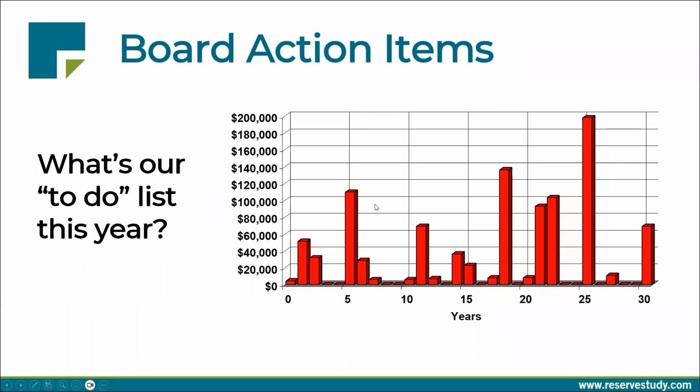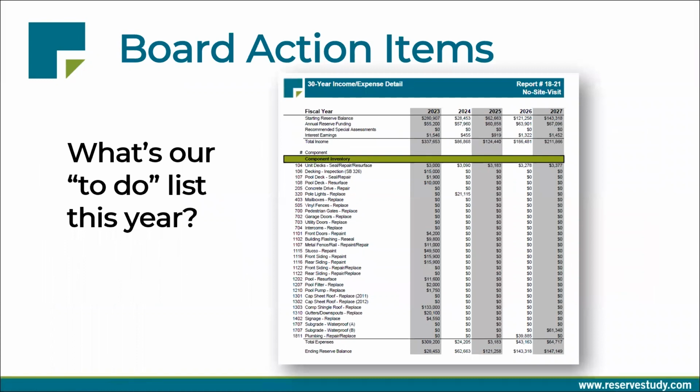Well, this sample association that we've been looking at, there's not a long to-do list for this first year. And these boards of directors may be wiping their brow and saying, we lucked out. Because look at this. This is a reserve component list year by year. You can see that in this initial year, this board has a lot of projects to start taking care of.